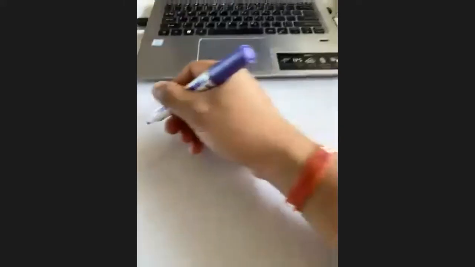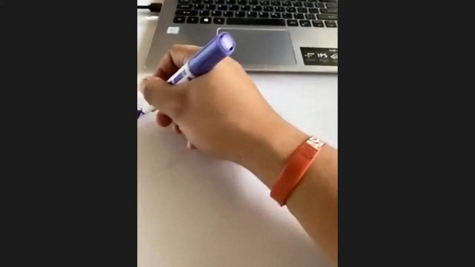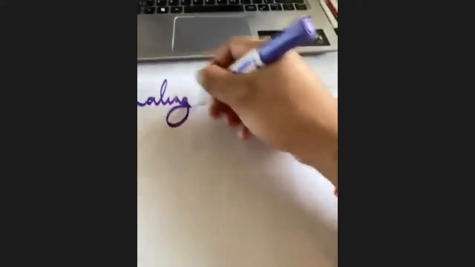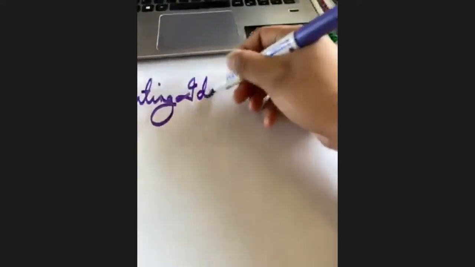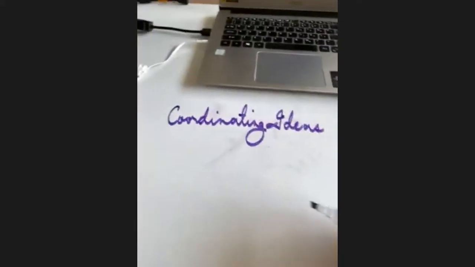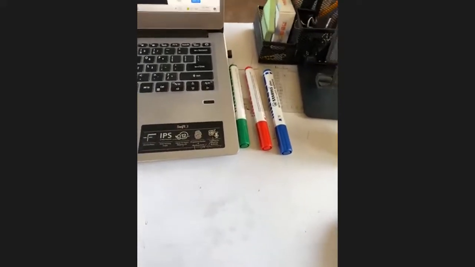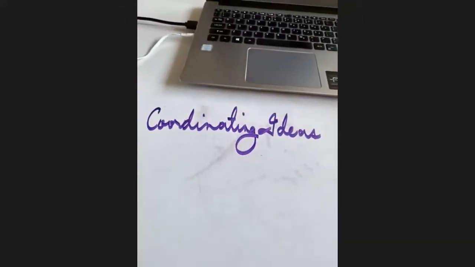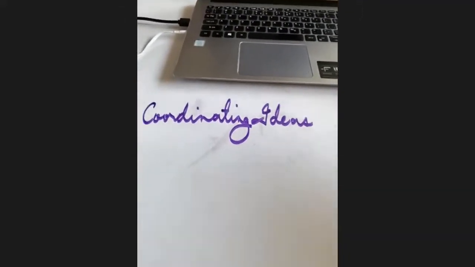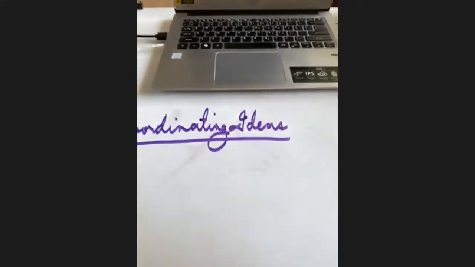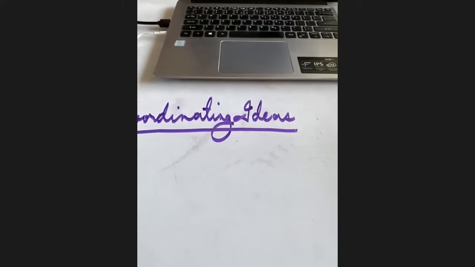So we have this discussion on coordinating ideas. Remember these markers? They're still alive. I think these markers helped you so much when it came to diagramming. So we have this lesson which creates a particular type of sentence according to structure.